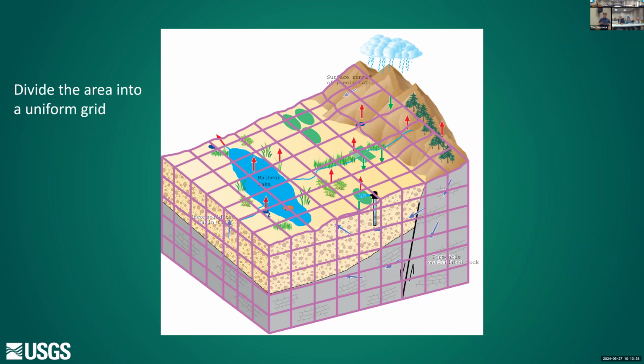So again, it's basically figuring out the physics of how groundwater gets into one of the little squares, how it flows out, and things like that. So for any kind of model like this, we basically divide it up into these equal space squares and run the model, run the equations for each of these squares in the model over and over and over again. And that mimics how groundwater flows through the system.